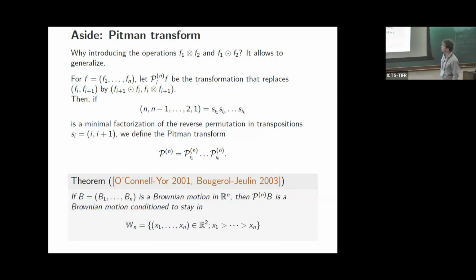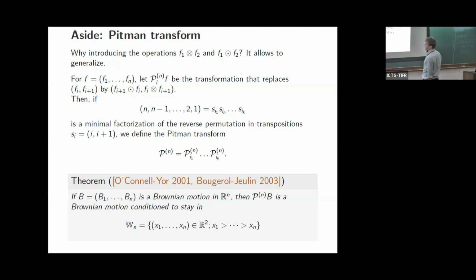So why does it not depend? It is because the pi_i satisfy braid relations. So pi_i and pi_j, where i and j are far apart, commute. And for i and i plus 1, pi_i and pi_{i+1} satisfy some braid relation, and this ensures that this definition will not depend on the reduced decomposition.